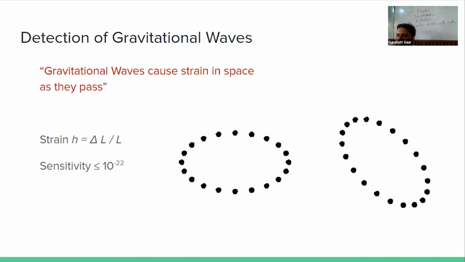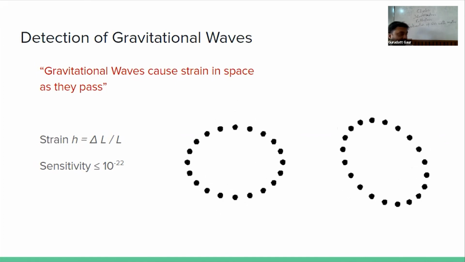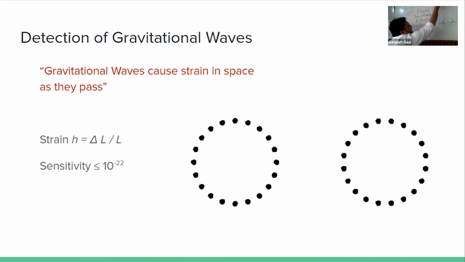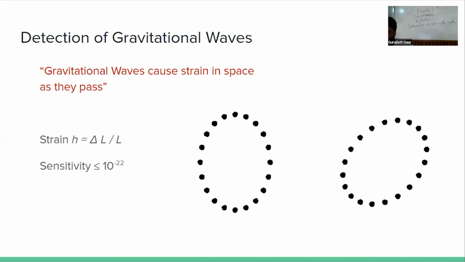Strain is delta L by L. Originally there was a diameter L, and when the wave passes through, it stretches. Initially it was circular, and when the gravitational wave passed, it became elliptical. So this is the delta L, and this is the L. Delta L by L will give you this strain. And the strain is very, very small, 10 to the power minus 22.